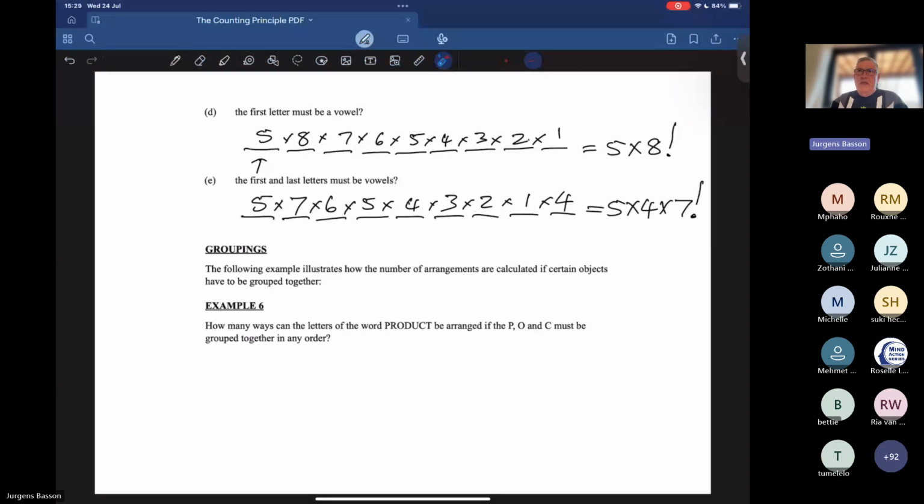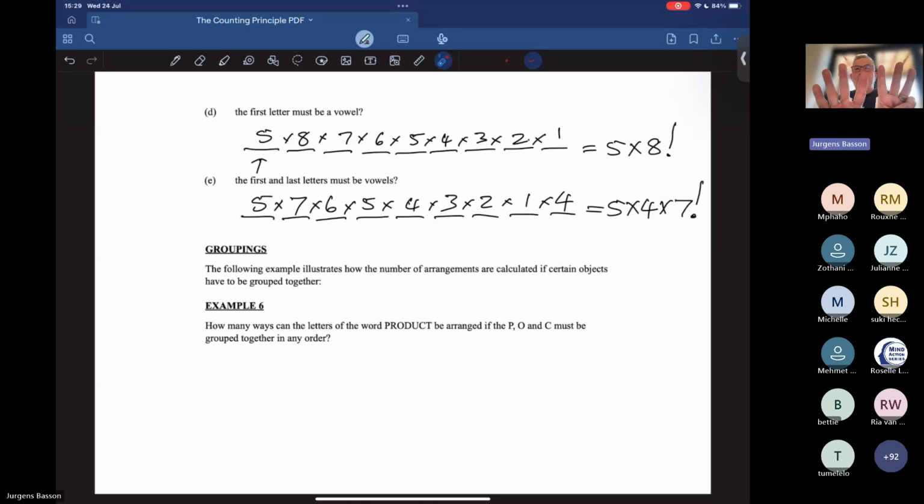Your learners, when they say P, O, and C together, tell me there are 2 groups. They also want to put the rest in a group. The rest is not a group, only P, O, and C. So I always say, this is my P, O, and C, the 3 that is a group. Then there's still another 4. So the 4 and the 3 give me the 7 letters.